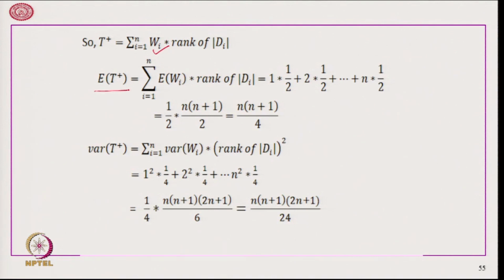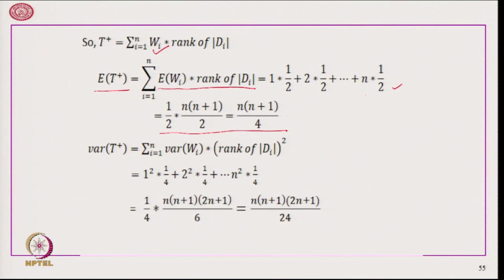Therefore, the expected value of T plus is the summation over i equal to 1 to n of the expected value of Wi times the rank of di. That is 1 times half plus 2 times half plus up to n times half, because of the linearity of expectation, which is equal to n into n plus 1 by 4.